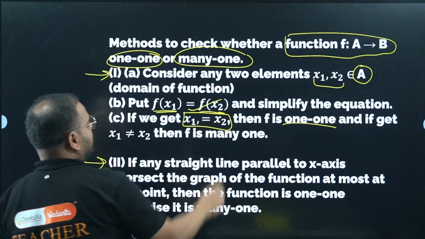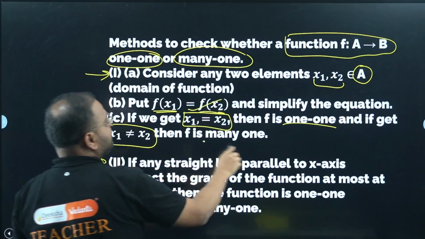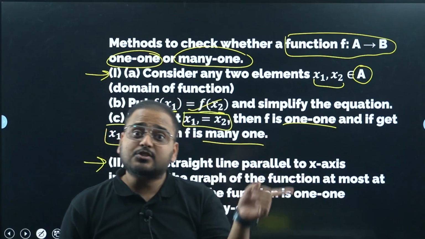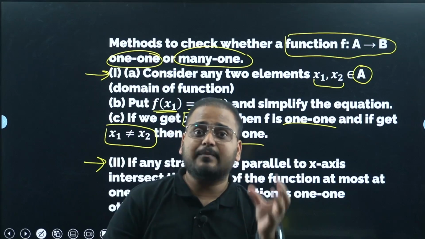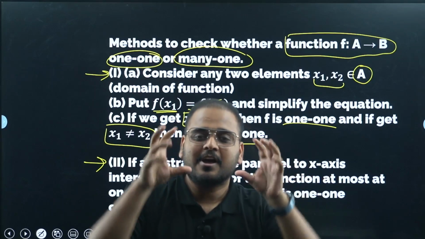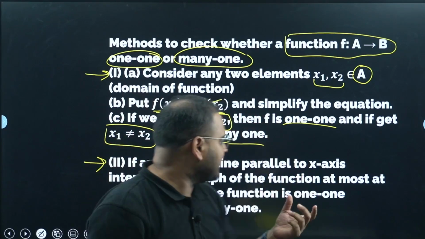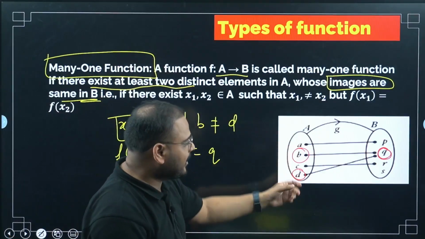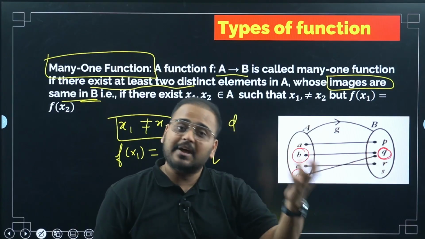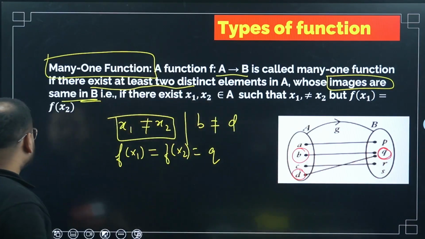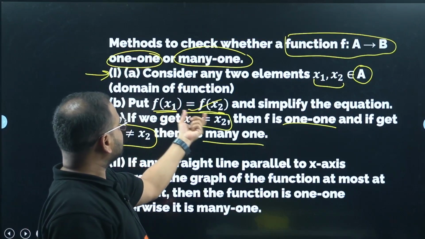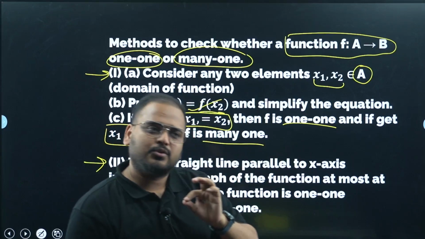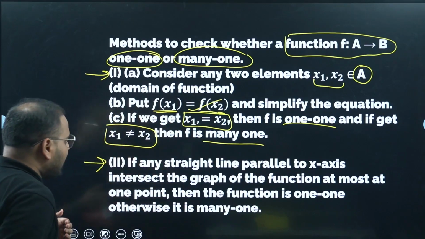If f(x1) equals f(x2) but x1 is not equal to x2, meaning for distinct elements in the domain x1 and x2 the function value is equal, it is many one, right? See, for distinct elements in the domain, the function value is the same. It means many one. When it is not the same, then same value will give me same thing, so it is one-one. Chaliye. I hope this is clear.